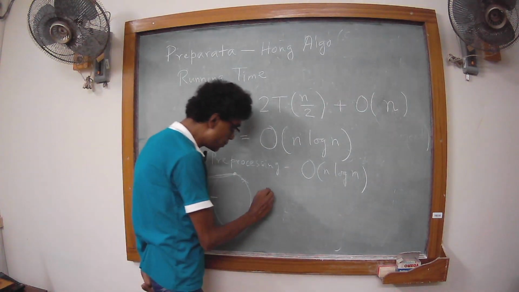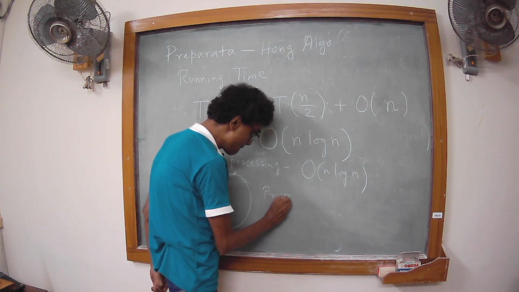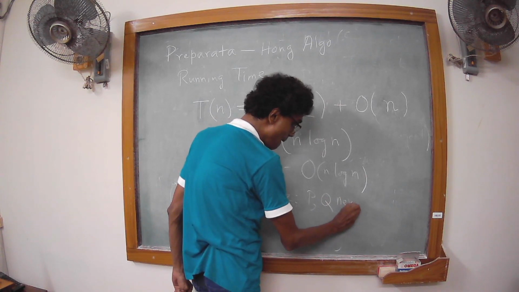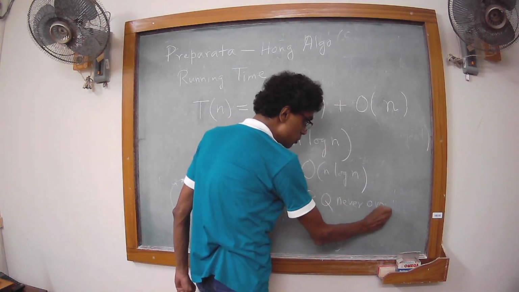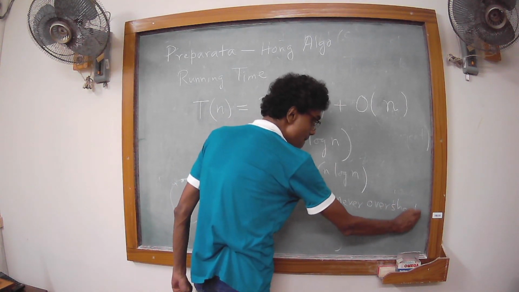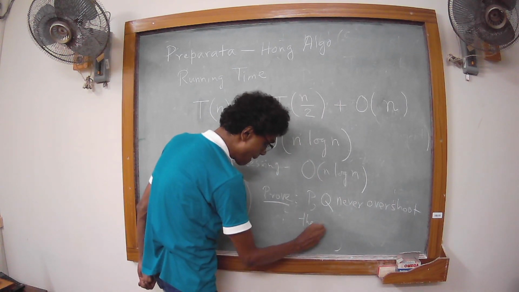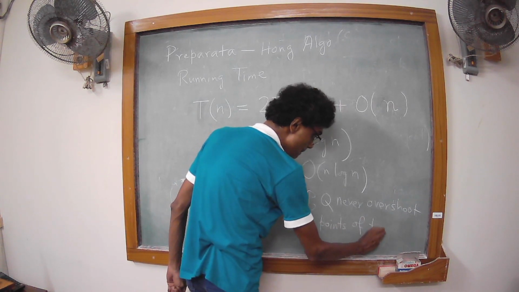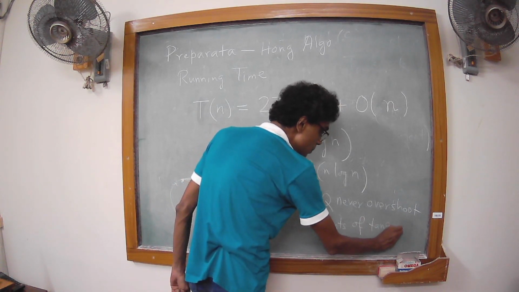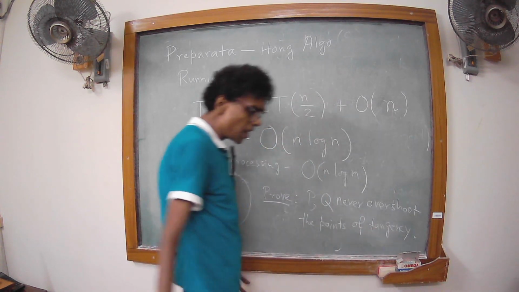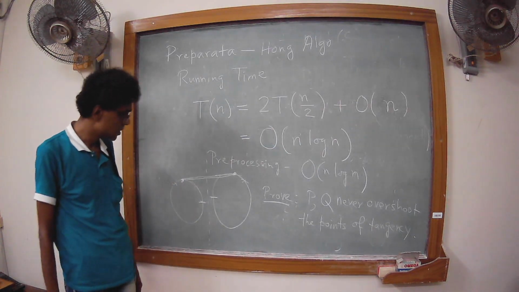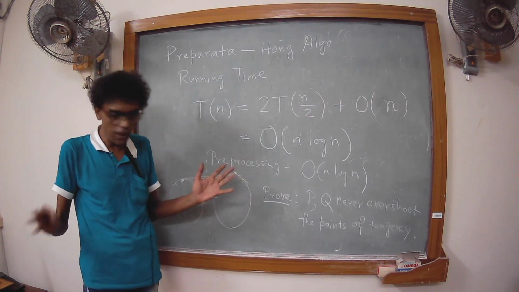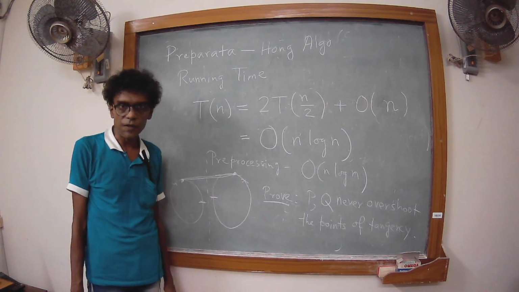So, prove P and Q never overshoot the common tangent. Think about this. Once again, you have to use convexity. It's not difficult. It's intuitive, but a formal proof requires some argument, and you have to use convexity.